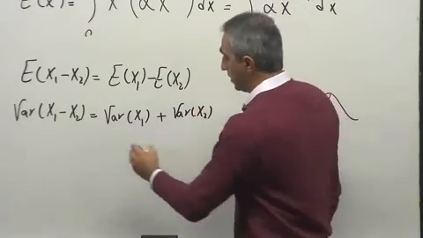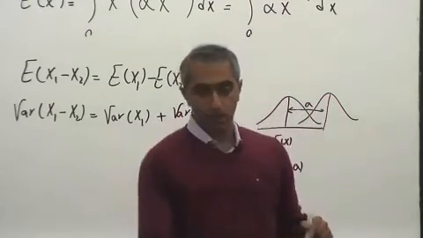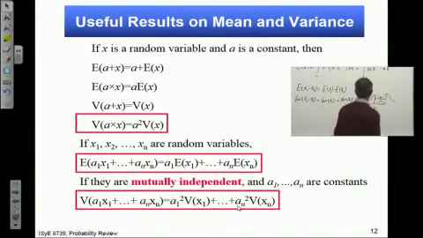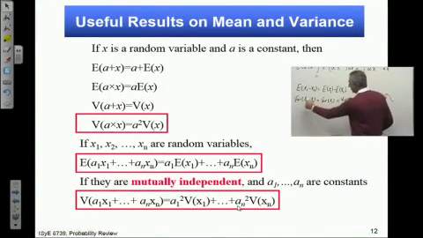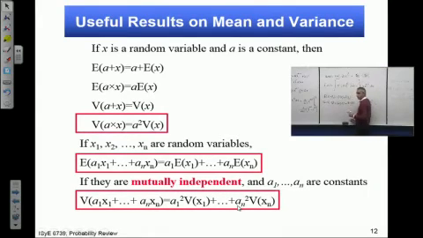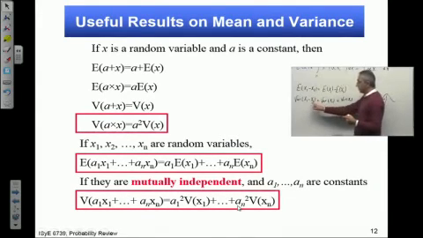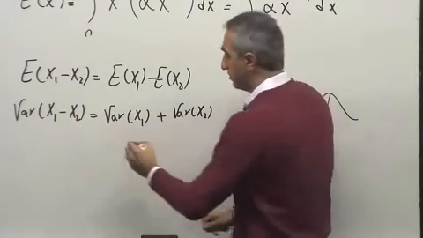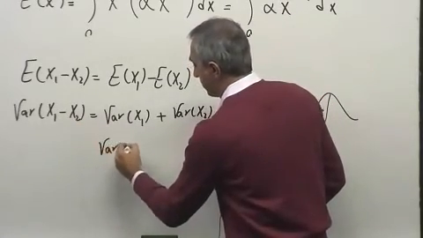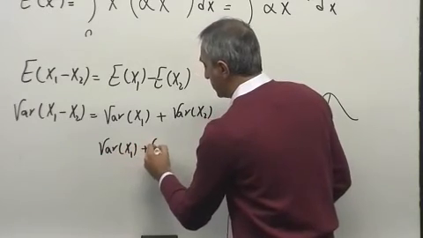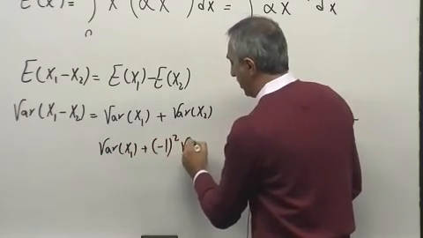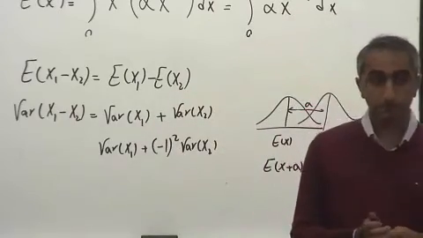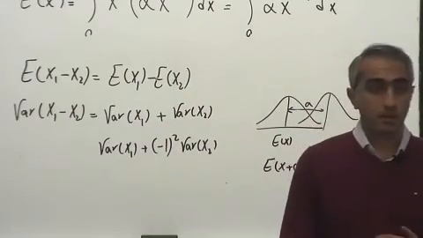Why? Because of the very last property that we had here, the coefficient should be squared. What is the coefficient of this guy? 1 squared is 1. What is the coefficient of this guy? Negative 1 squared is positive 1. So it's the variance of x1 plus the variance of x2. Any questions?